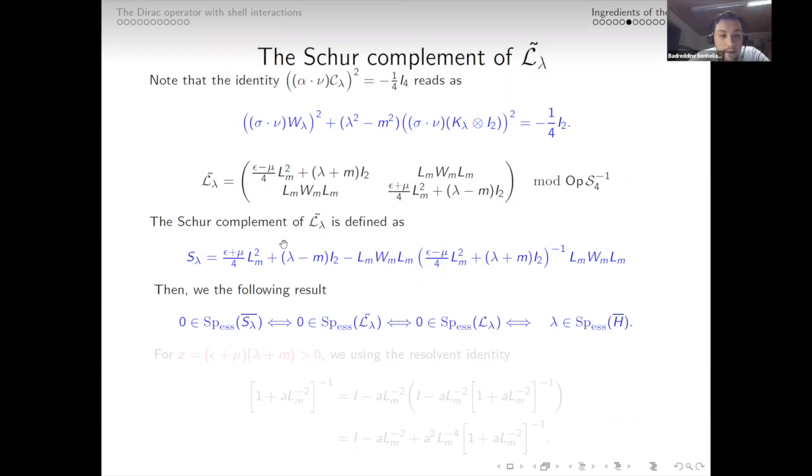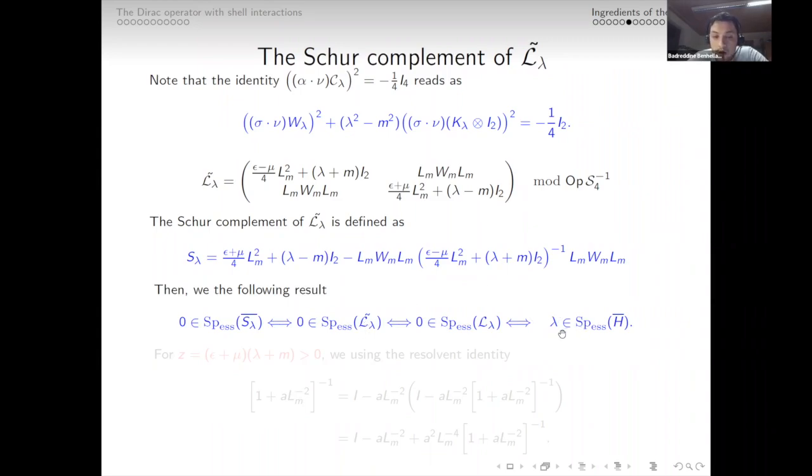Then the Schur complement is equal to this corner plus the product of these corners, and in between we have the inverse of this upper left corner. And in fact there is a result saying that 0 is in the essential spectrum of the Schur complement if and only if 0 is in the essential spectrum of L lambda tilde.